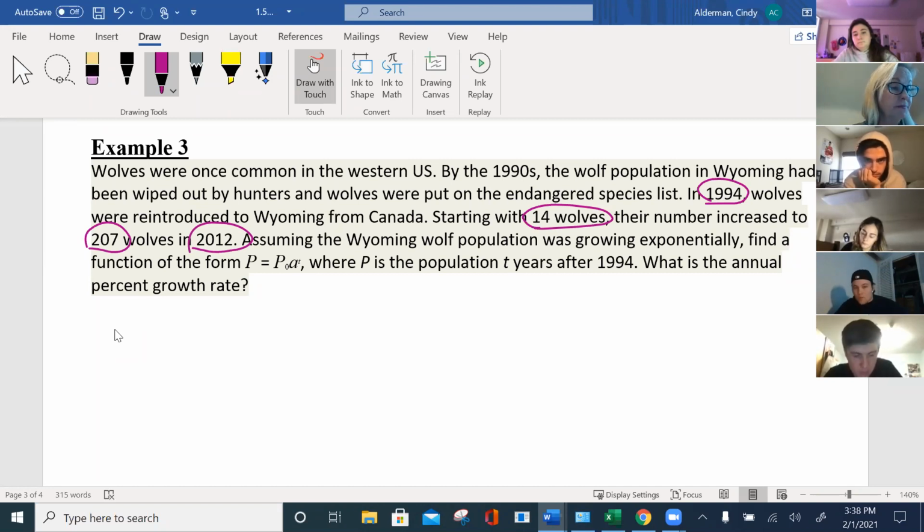Assuming the Wyoming wolf population was growing exponentially, so they're telling you, yes, it does fit the exponential model. Find a function in the form P equals P sub 0 A to the T power, where P is the population, T years after 1994. So you're going to start with the formula.